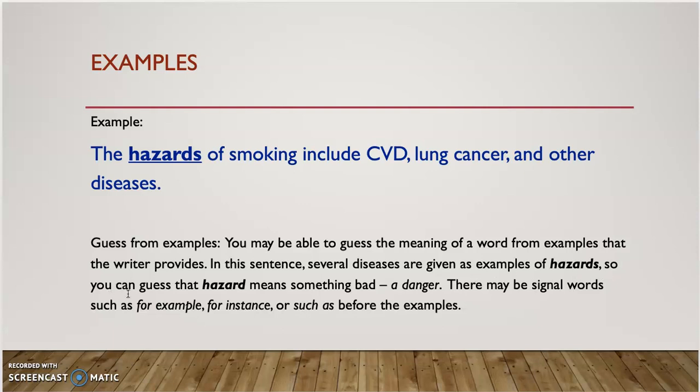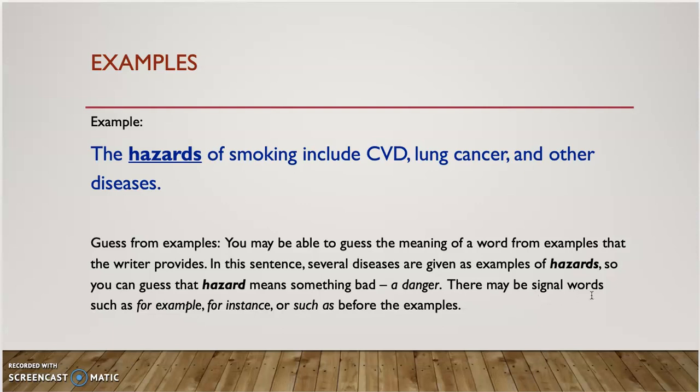So you can guess that hazard means something bad, a danger, because we know that CVD is something bad, cardiovascular disease. No one wants that. Lung cancer is something bad, and of course other diseases. So these would be a danger.